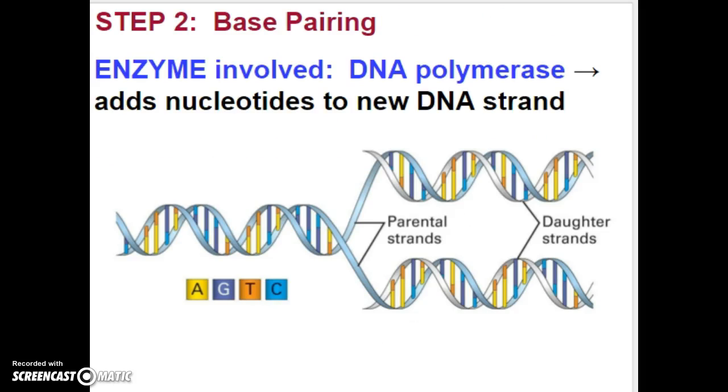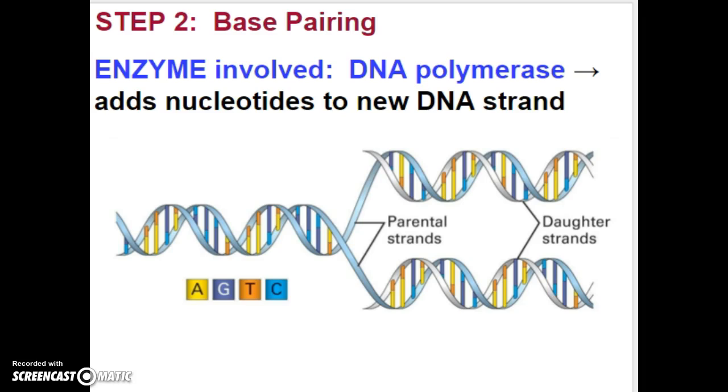The next enzyme that is involved is DNA polymerase. Okay, a polymer is a large molecule. That's what DNA is doing. It's adding nucleotides to the new DNA strand. So it's using that semi-conservative replication. So if DNA polymerase is standing on an adenine and looks across the DNA molecule, it's going to put a thymine.